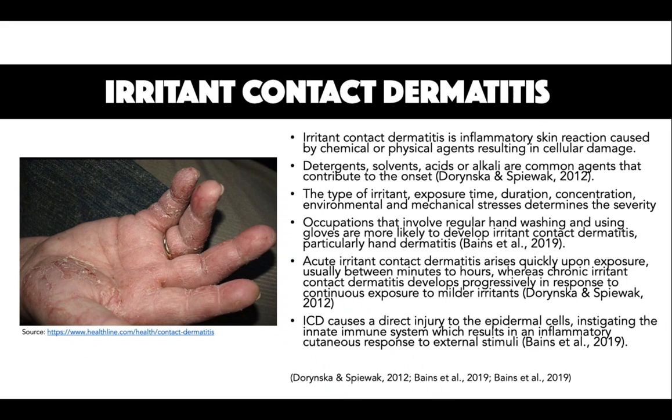It makes up 80% of contact dermatitis cases, and increasing exposure to weak irritants such as smoke contributes to the development. It causes a direct injury to epidermal cells, instigating the innate immune system, and this leads to an inflammatory cutaneous response to different external stimuli.